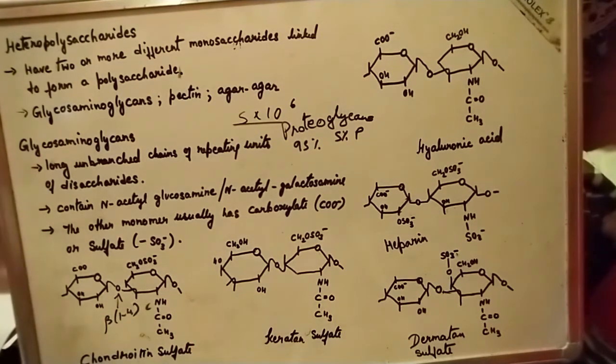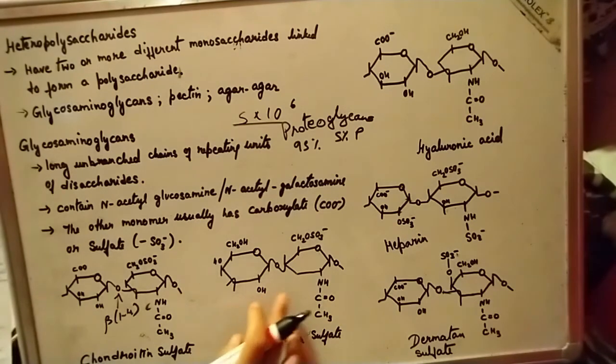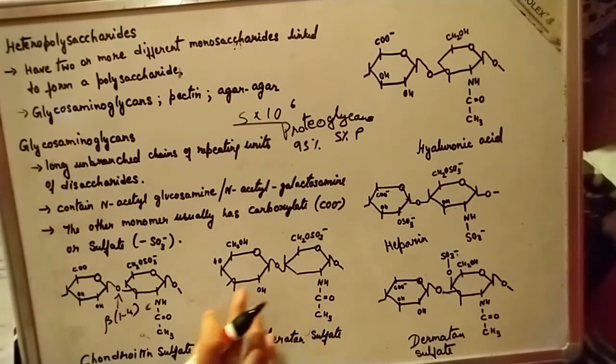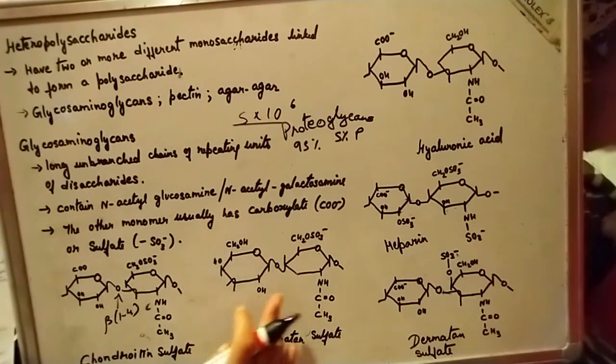So the next important glycosaminoglycan is Keratan sulfate, which has a repeating unit of disaccharide beta-D-galactose and N-acetyl galactosamine 6-sulfate.